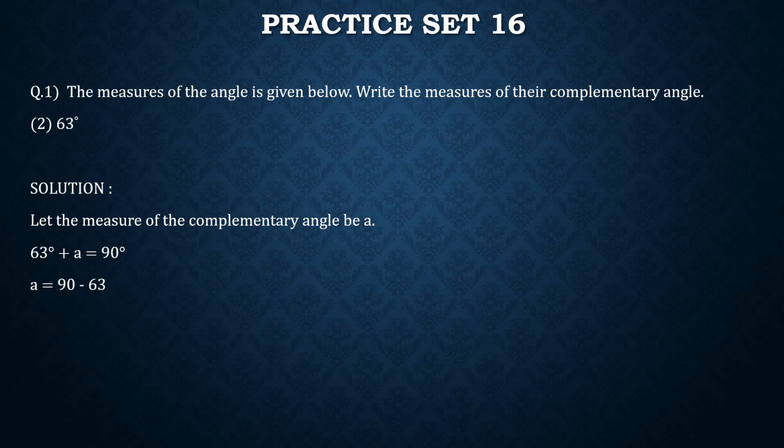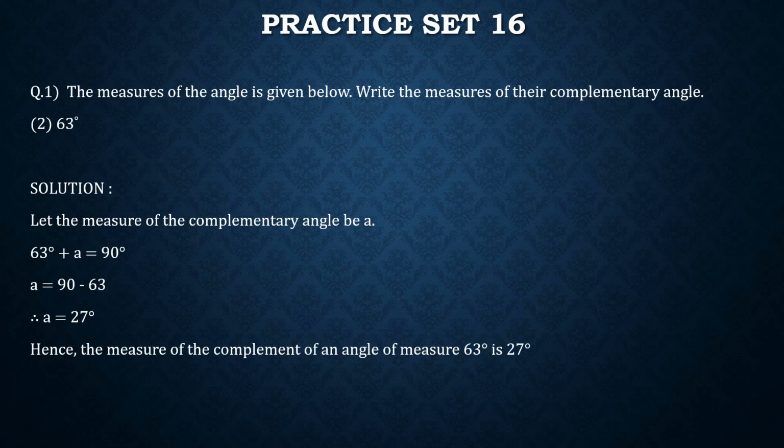Just take 63 to the right hand side of the equation. 90 minus 63 is 27. So the value of A is 27 degrees. Hence, the measure of the complement of an angle of measure 63 degrees is 27 degrees.